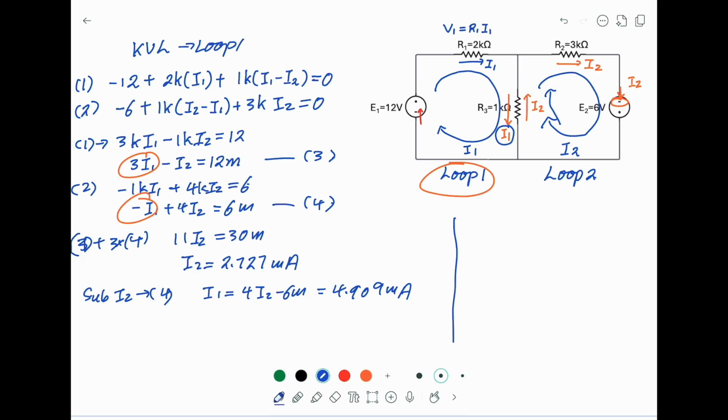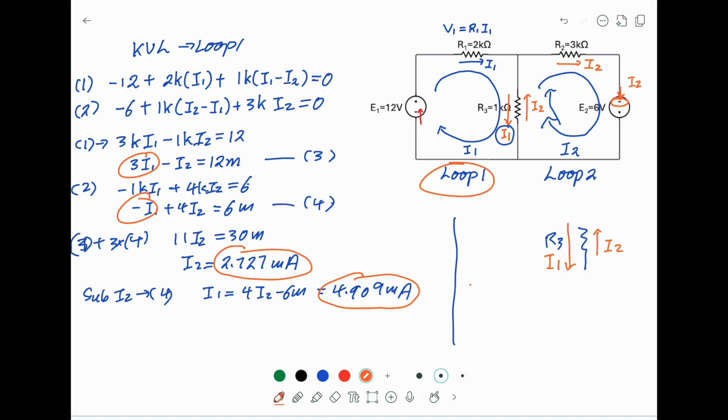If you look at R3 here, we assume on the left hand side the mesh current I1 going down, and on the right hand side the mesh current I2 going up. But if you look, I1 is 4.909 and I2 is 2.727, so the overall current must be going down.